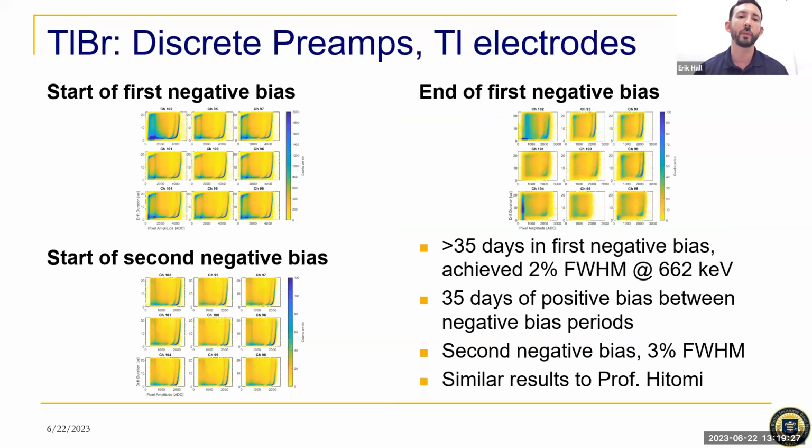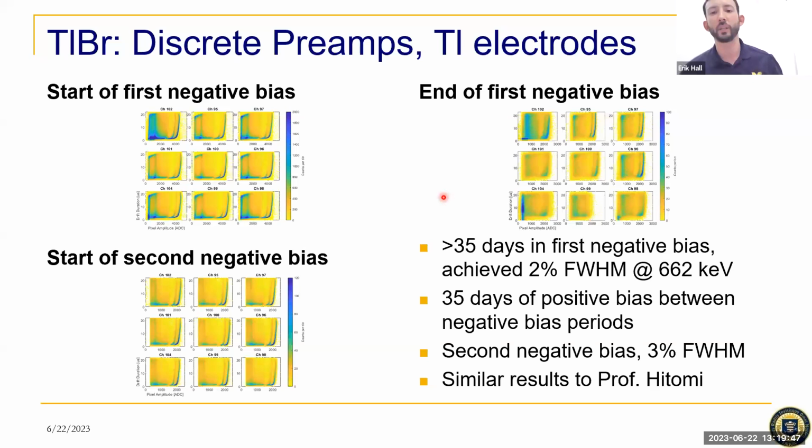Supporting research done by that university, we also found that when we look at this crystal, there's a pretty clear photo peak in all the pixels at the beginning of operation. But after about 35 days of operation, the photo peak becomes blurry in a lot of these pixels.